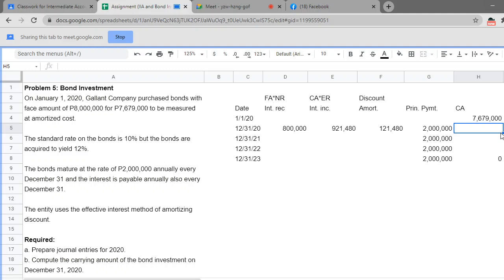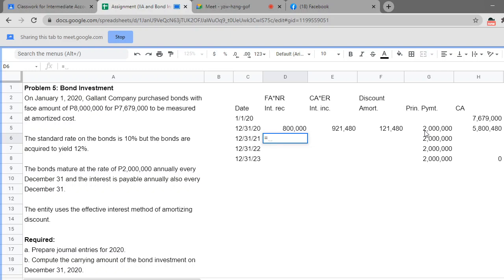So, muna itong go later. Let's try to compute first the carrying amount as of December 31, 2020. How do we compute? The previous carrying amount plus minus discount premium. This is discount, so we have plus. And you minus or you deduct the principal payment. So, you have your new carrying amount, which is 5,848,0. Now, padayon sa nato ang table, ang ato ang interest received this time is how much?